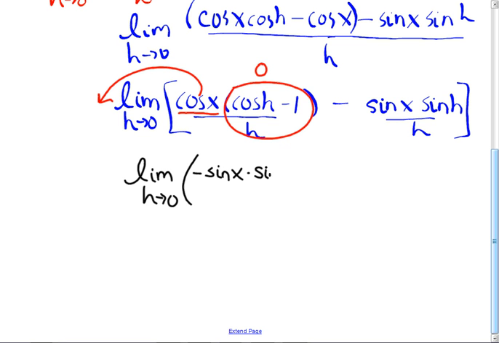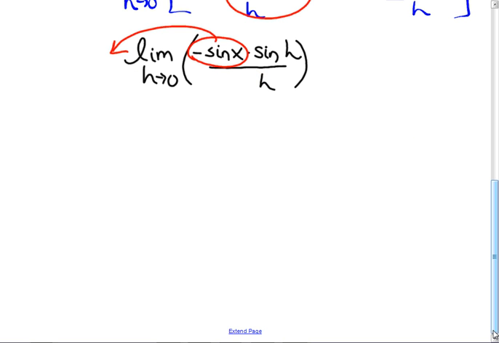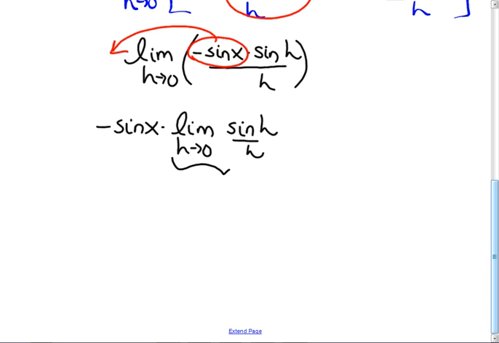I'm going to do the same trick again, sine h all over h. I can pull this one out in front like a constant because it has nothing to do with h. So it's minus sine x times the limit as h goes to 0 of the sine of h over h. That's 1.